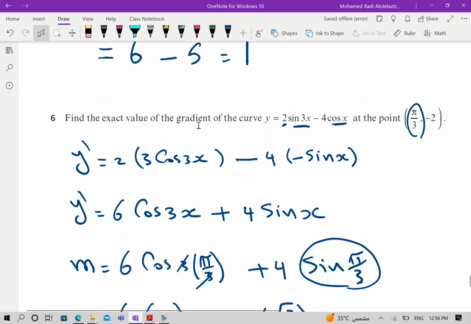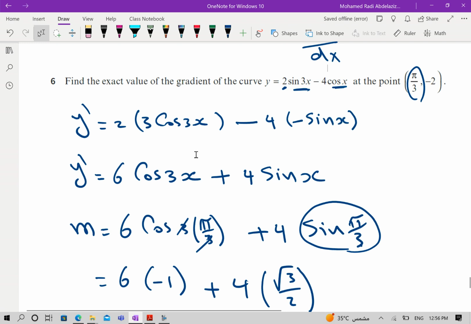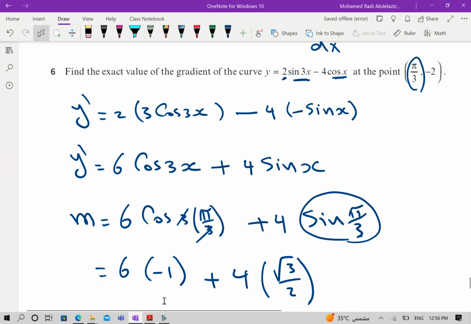You can use your calculator directly to get the answer by using this key. There is d over dx. Don't forget to change first the calculator to rad system. Just write the original function, and write at x equals pi over 3. You will get the answer.